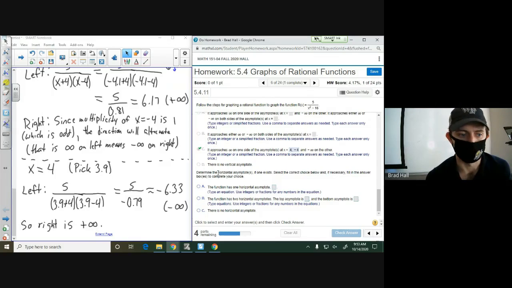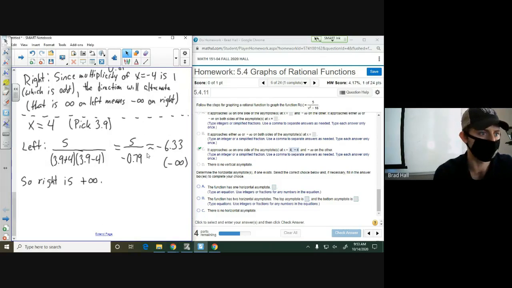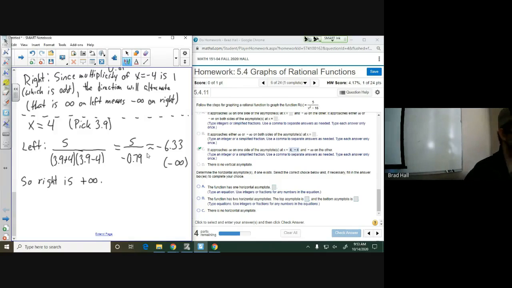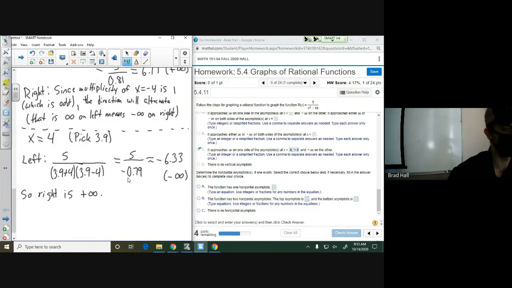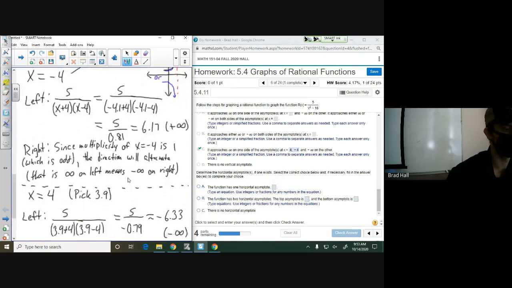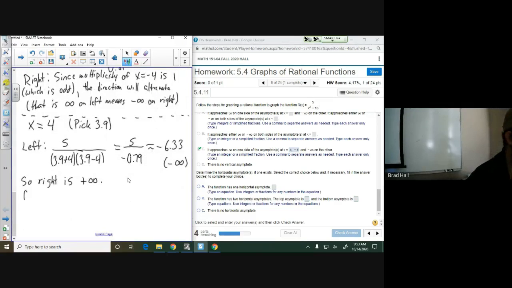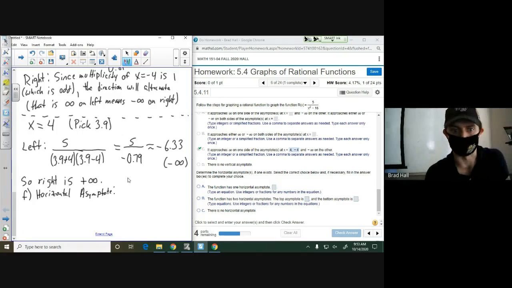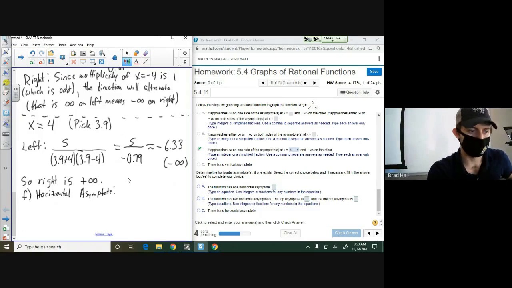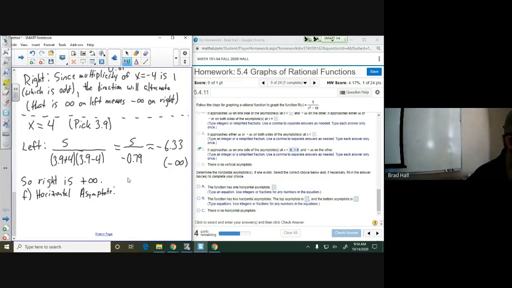We can go on to find the horizontal asymptote. Remember, this is found by comparing the degrees of the numerator and the denominator.